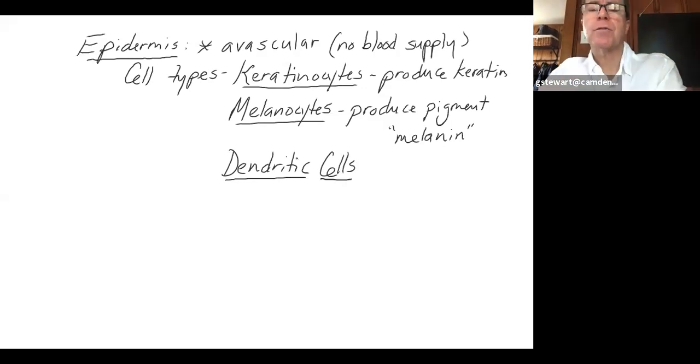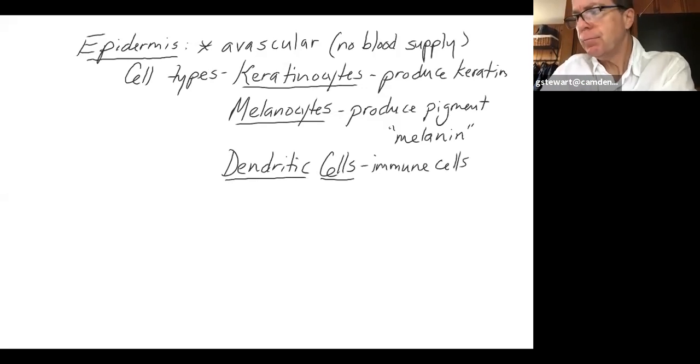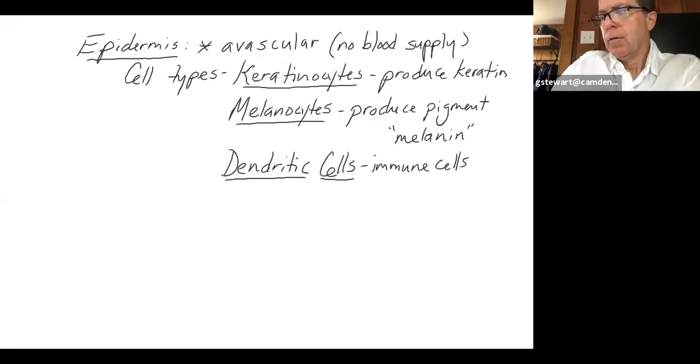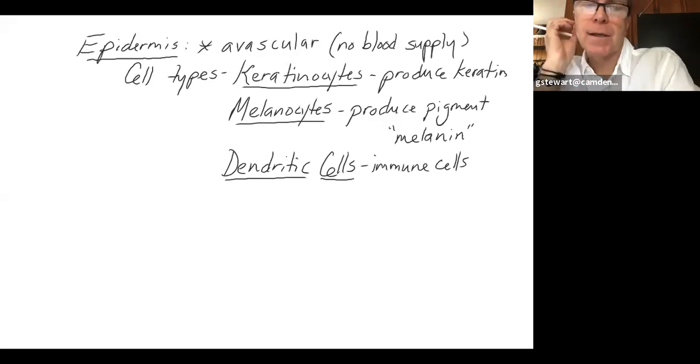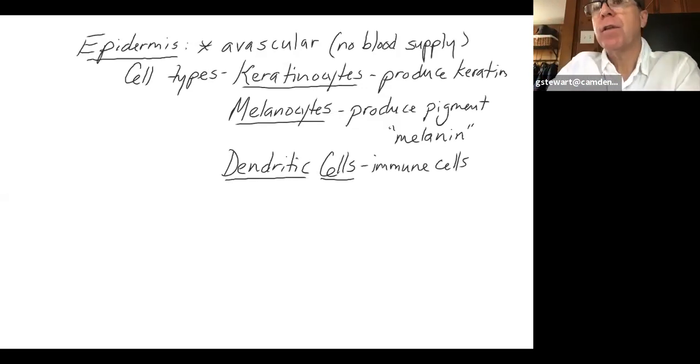Don't worry a lot about this. We don't do this in A&P1, but in A&P2 you do the immune system, and these are actually immune cells that are found in the skin. They present antigen to our T cells and B cells. If you just know that they are immune cells, that's good enough for now.